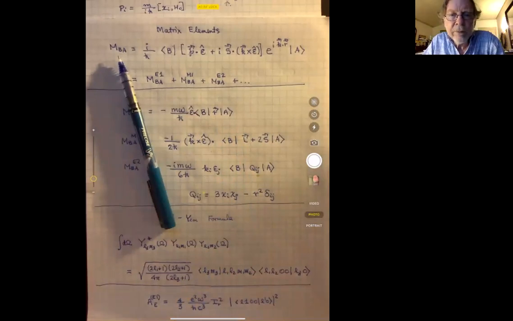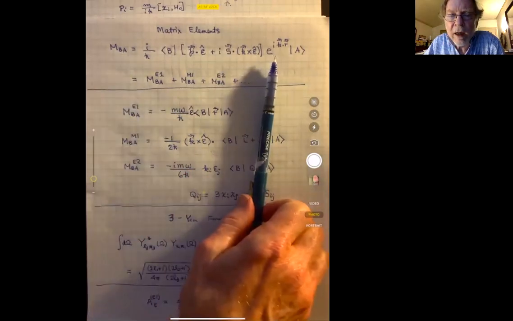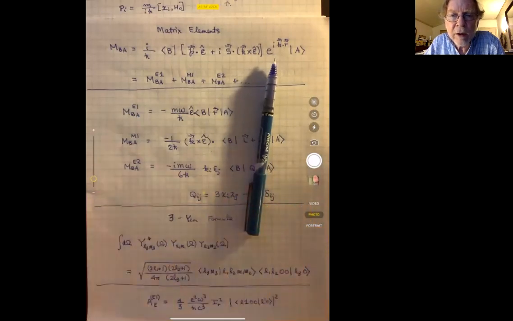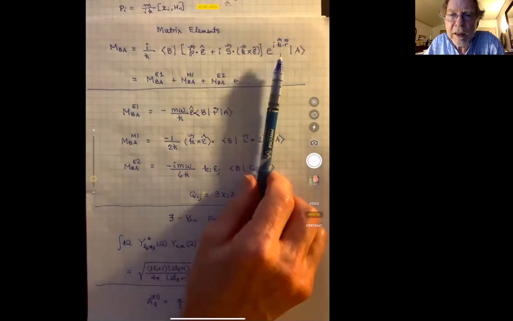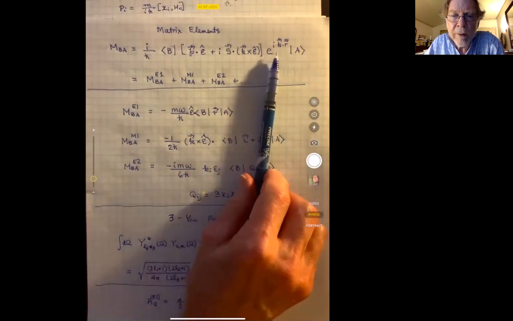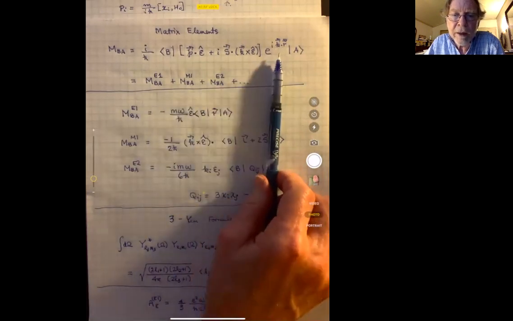One of the consequences of that was that we found that this phase factor, e to the iKR, is actually nearly constant over the dimensions of the atom. We took into account the first correction term by expanding this out to first order. That's what gave us the combination of the M1 and E2, or actually it contributed to the E2 as a matter of fact.